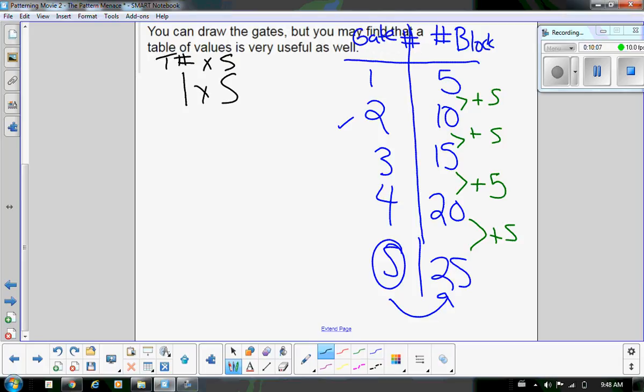Yay, not that scary. Some people also call this x and y. They also say x times that 5 will equal our y. Let's see if she's right. 1 times 5, does that equal 5? Yes. It works.